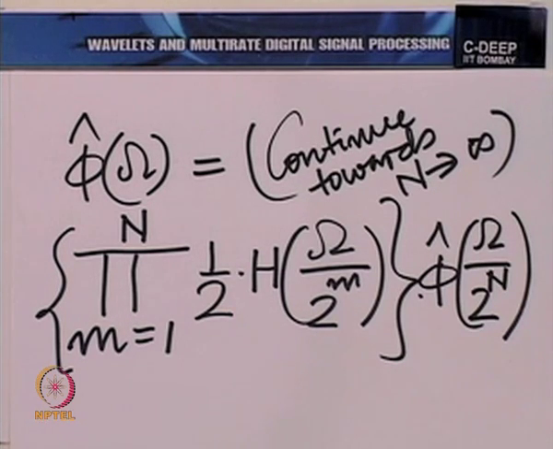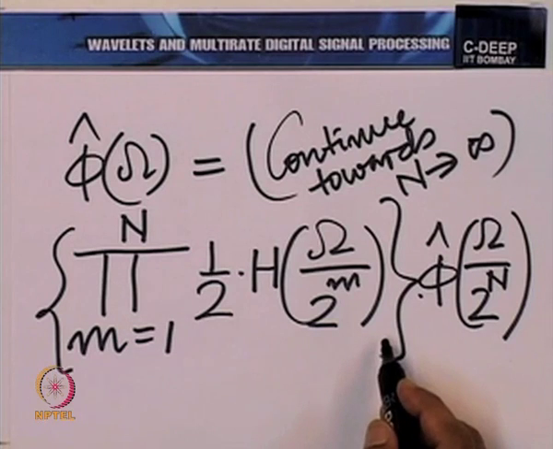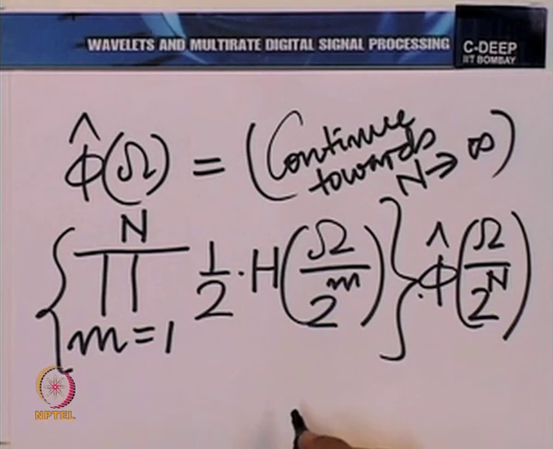Again, if you wish to be very finicky, you should use the opponent-proponent model, where you say no matter how small I ask this argument to be, I can make it small enough, and so on. But I think we understand well enough that you can make capital N as large as you desire, and you get a larger and larger number of terms in this product, and you can take this argument to as small a value as you desire whenever capital omega is finite.